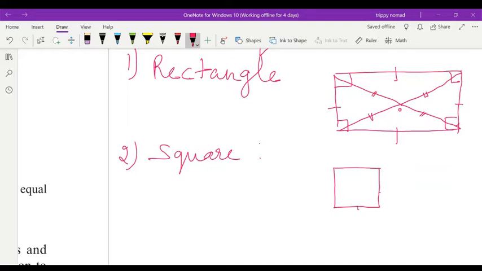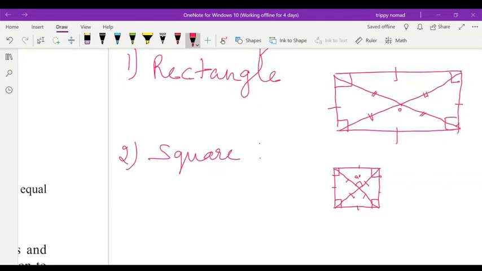These four sides are all equal in measure, and each angle is 90 degrees. Diagonals are of equal measure, and these diagonals also bisect, meaning this side is equal to this one, also equal to this. They bisect, are equal, and bisect at 90 degrees.